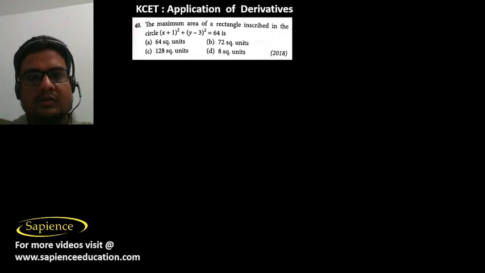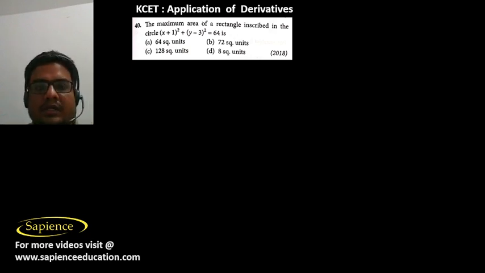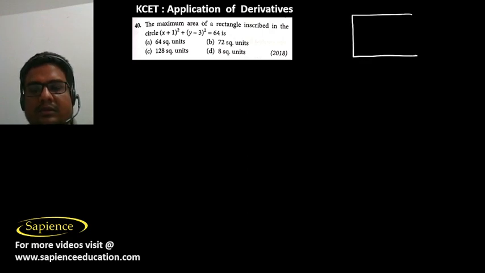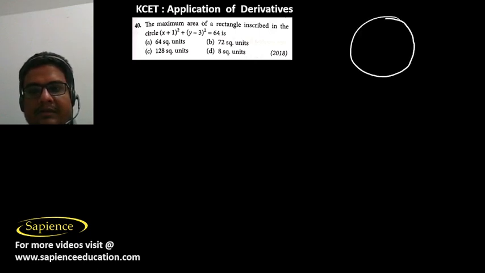Here question number 40 asks for the maximum area of a rectangle inscribed in a circle. The circle has radius 8 units.